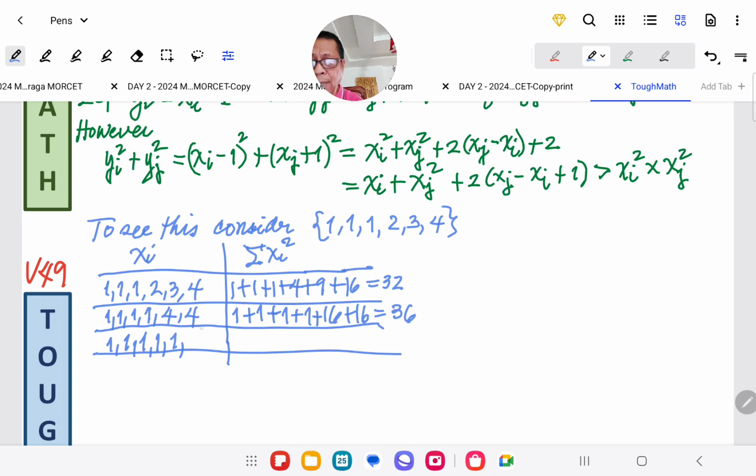Then the last 4 now becomes 7 because it takes in 3 from the previous 4. So we now have 5 ones. 1, 2, 3, 4 plus 1, plus the square of 7 is 49, which is equal to 54.